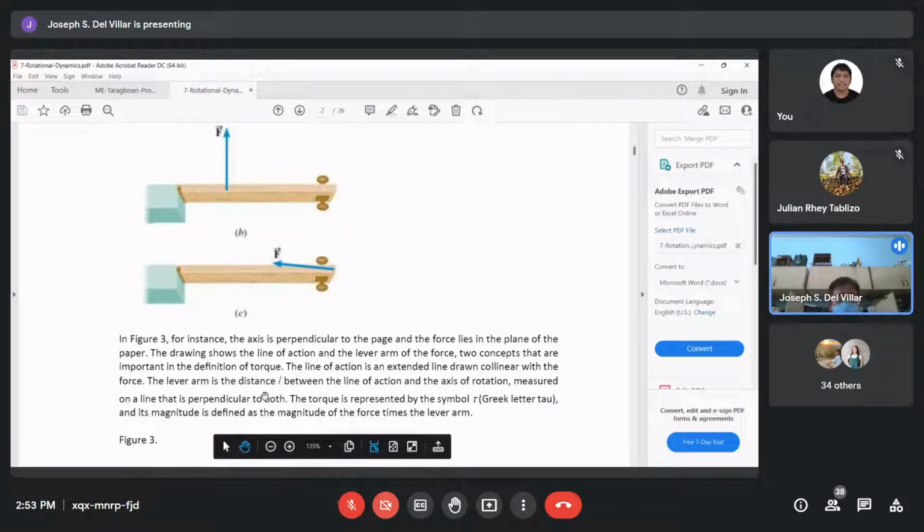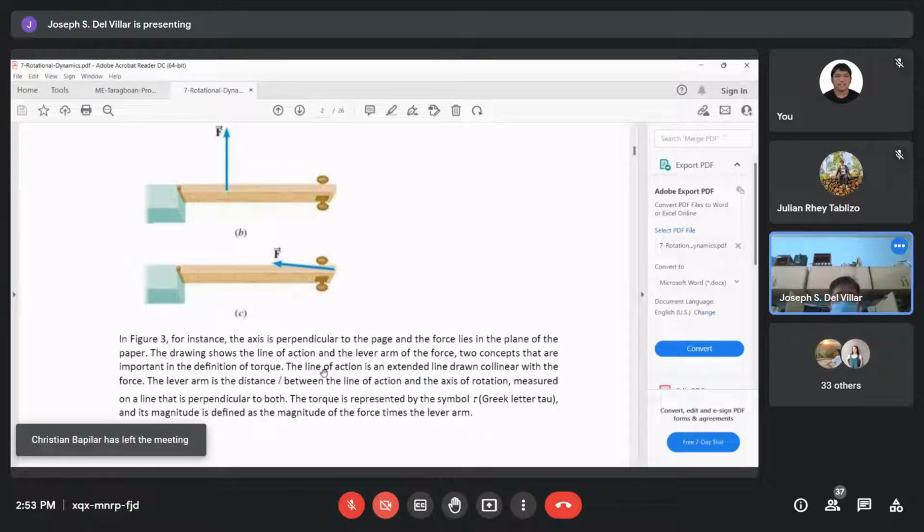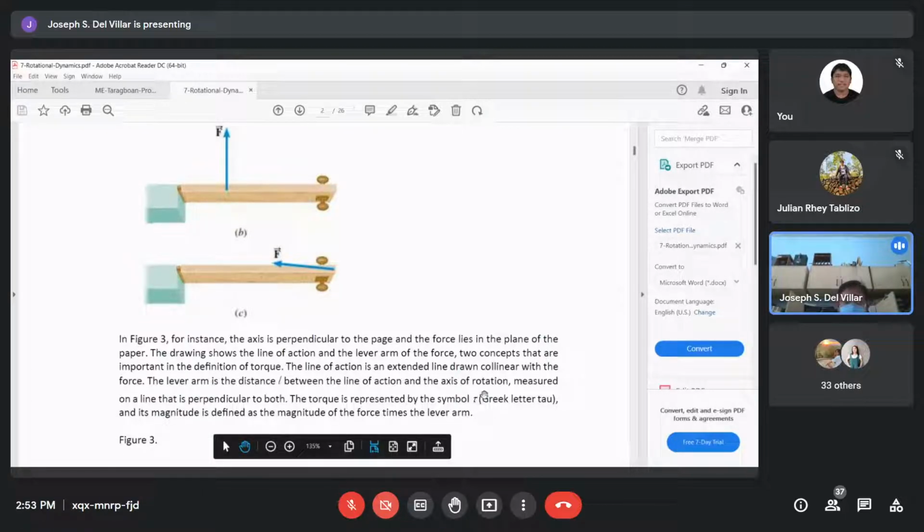So the lever arm is the distance L between the line of action of the force and the axis of rotation, measured on a line that is perpendicular to both. Okay? So the torque is represented by the symbol tau, no? Ito yung Greek letter tau. Yung parang letter T din, no?